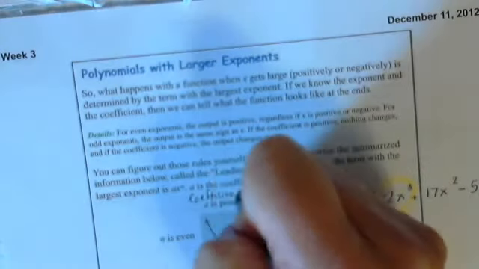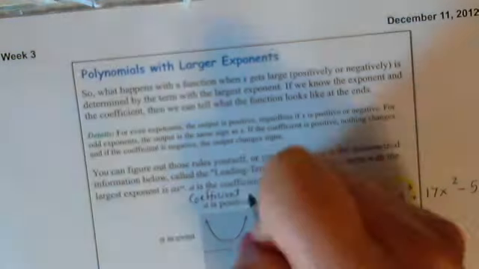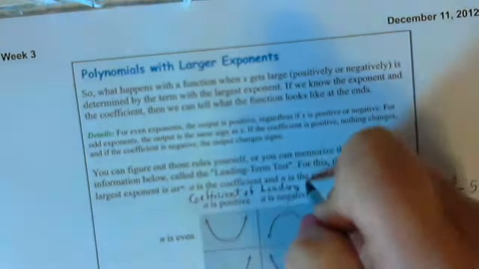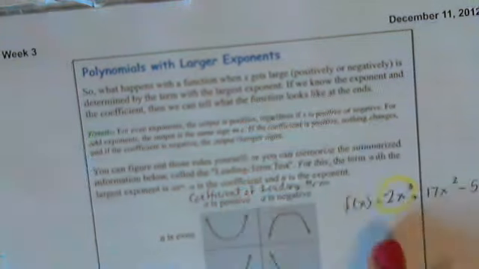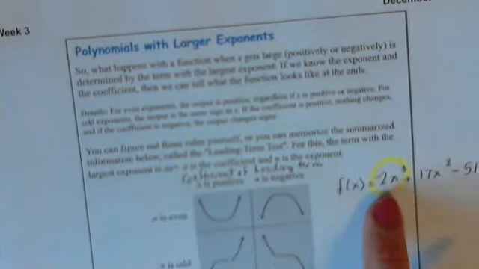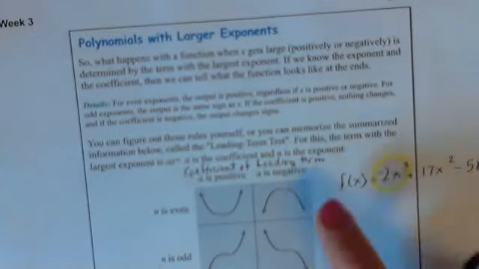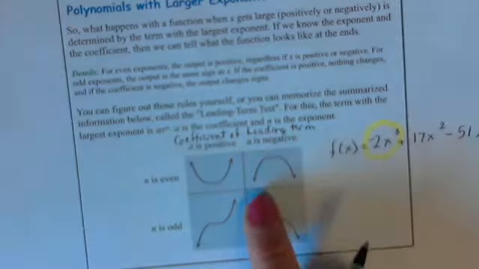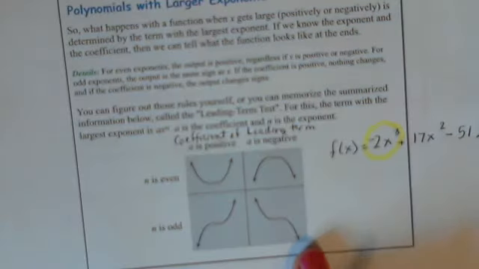Coefficient, meaning the number in front of, coefficient of leading term. Okay, so we're looking at that coefficient to see if it's positive or negative. And in this case, it's a negative 2. So we're going to be looking at this column on the chart. Either the shape is going to be like this, an upside down U, or a reverse S.